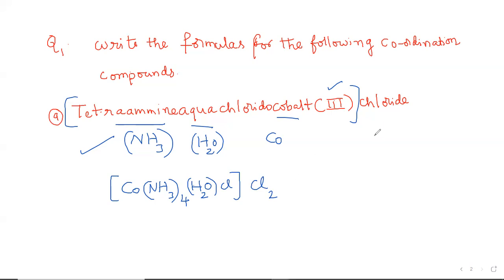Why? Because the number of chlorides should be 3, whether inside or outside. The chloride inside the square bracket satisfies both the primary and secondary valencies. So this is the formula of tetraamine aqua chlorido cobalt(III) chloride. Okay, let us see the next one.